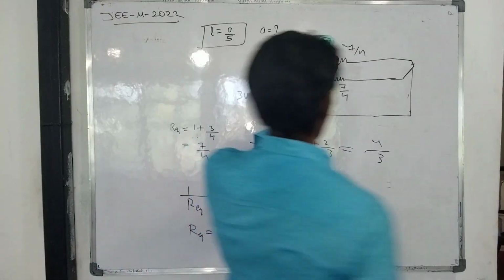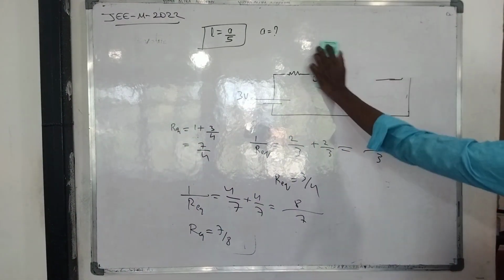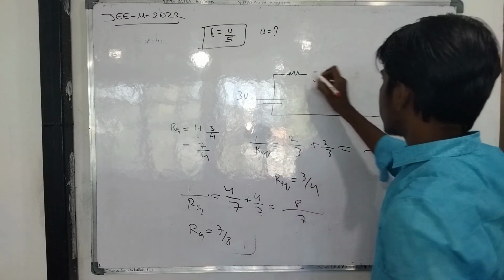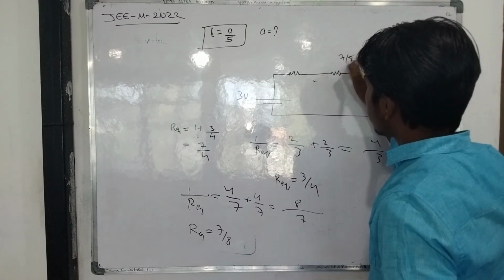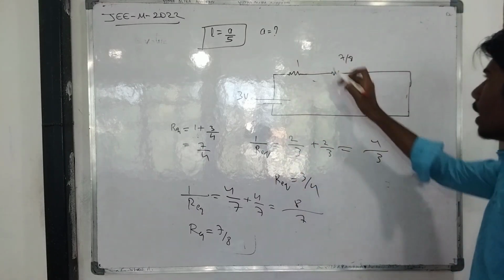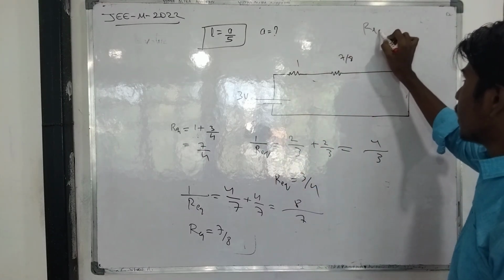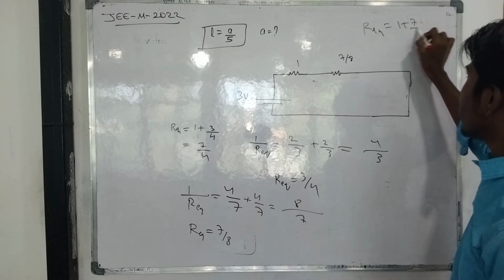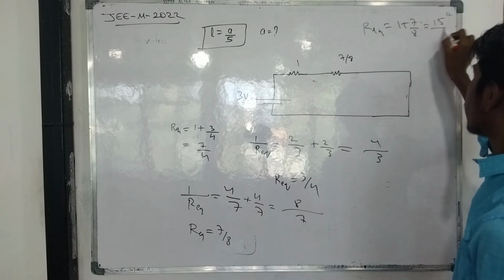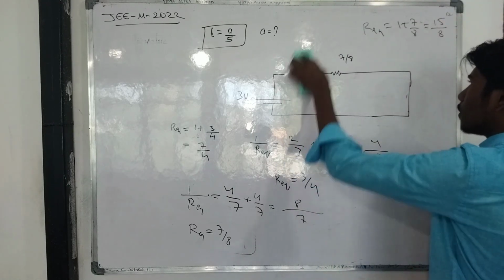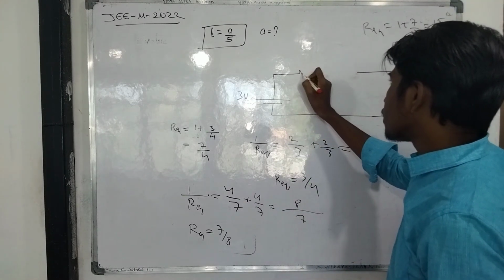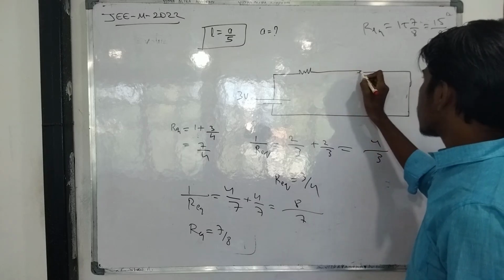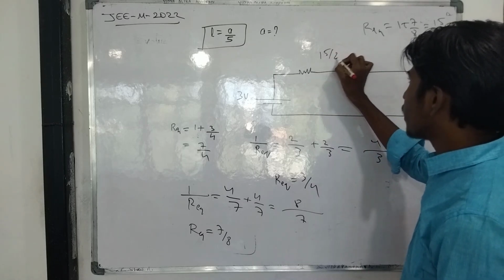So I can remove these two resistors and place a single resistor of resistance 7 by 8 ohms, and this is 1 ohm, and these two are in series connection, then R equivalent of both will be 1 plus 7 by 8, that will be equal to 15 by 8 ohms. Removing both, we will place one resistor whose value is 15 by 8 ohms.